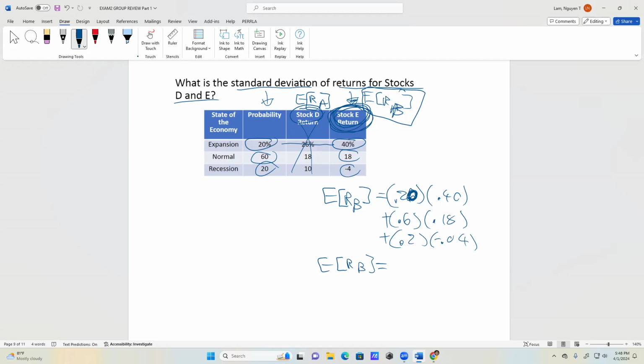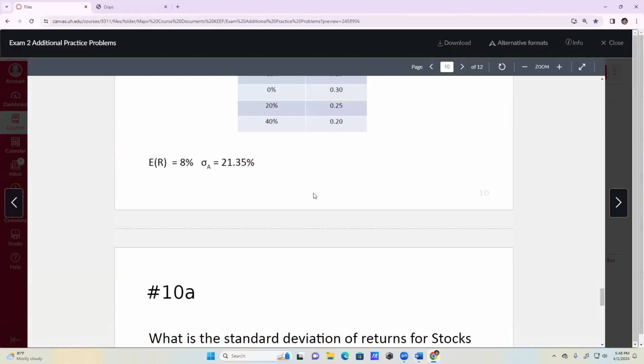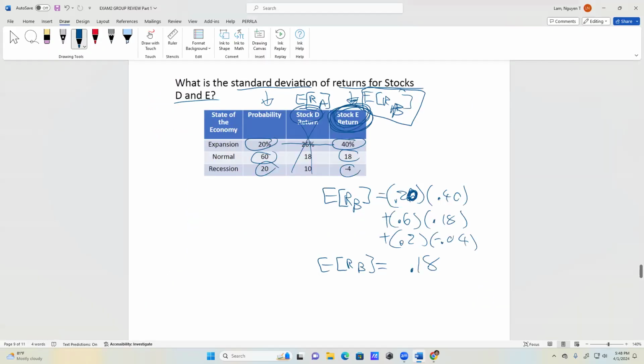I think I have 18%. I'm not sure if it's correct, but let me double check real quick. Okay, 18% is correct.